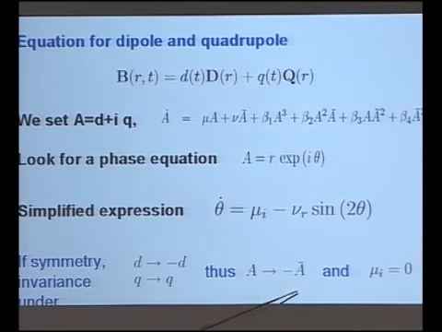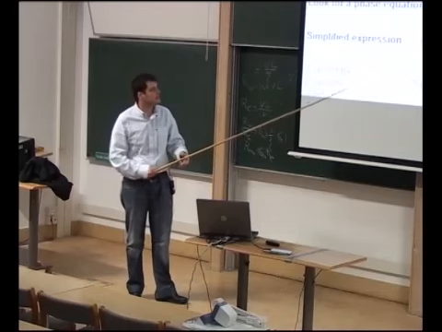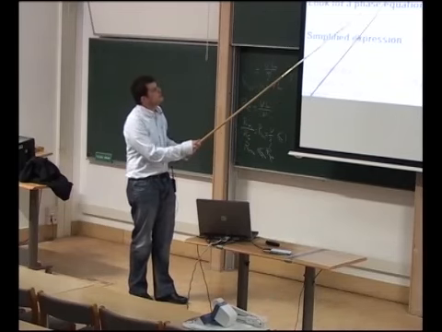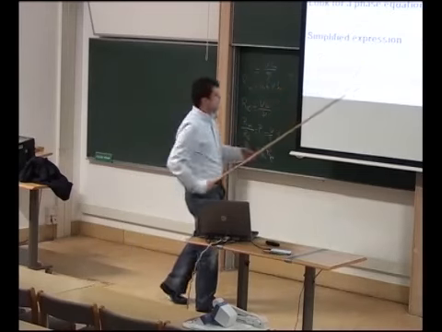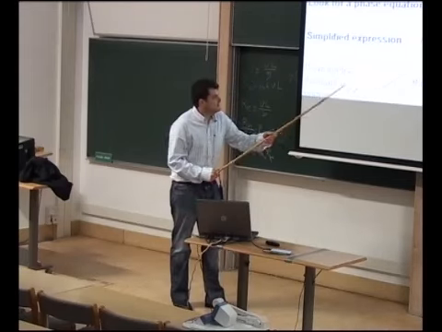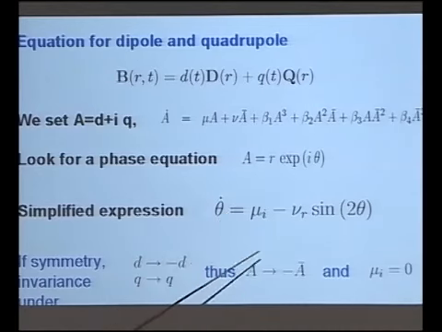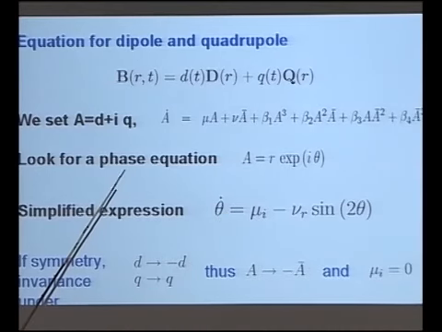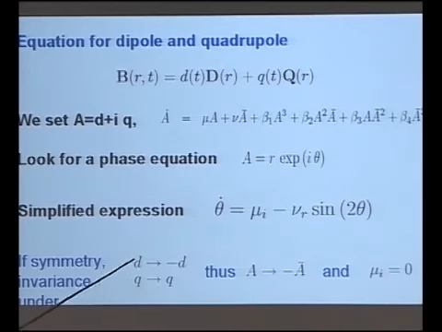So when the forcing is symmetric, you expect to have invariance when D is changed to minus D and when Q is not changed, which means when the amplitude is changed to minus its conjugate. If you do that and plug it in here, you find that all the imaginary terms, in the symmetric situation, should be 0.